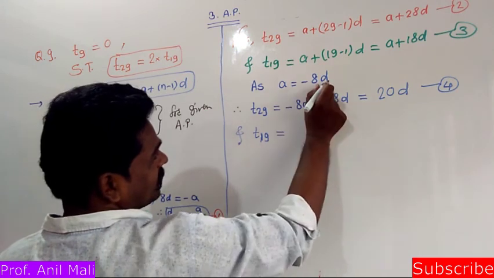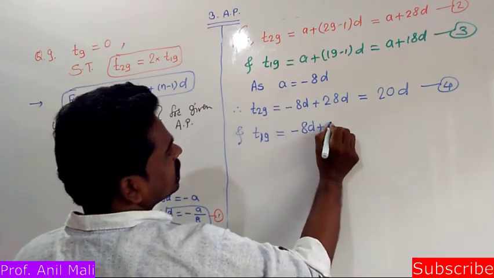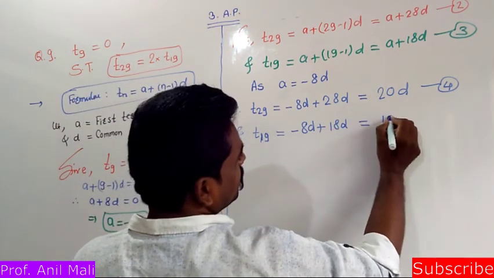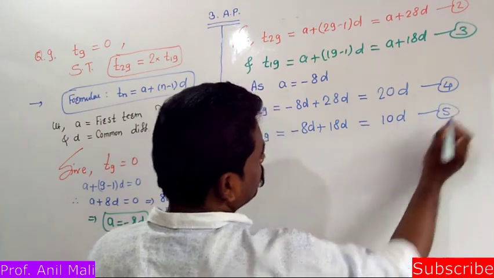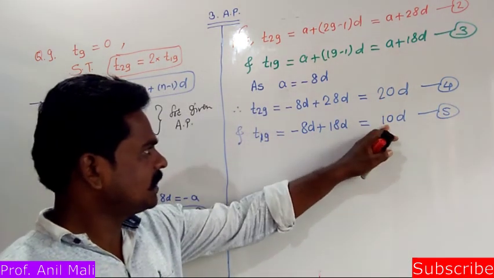So putting the value of A as minus 8D, minus 8D plus 18D is equal to 18 minus 8, it's 10D. This is equation 4. Now it's very easy.